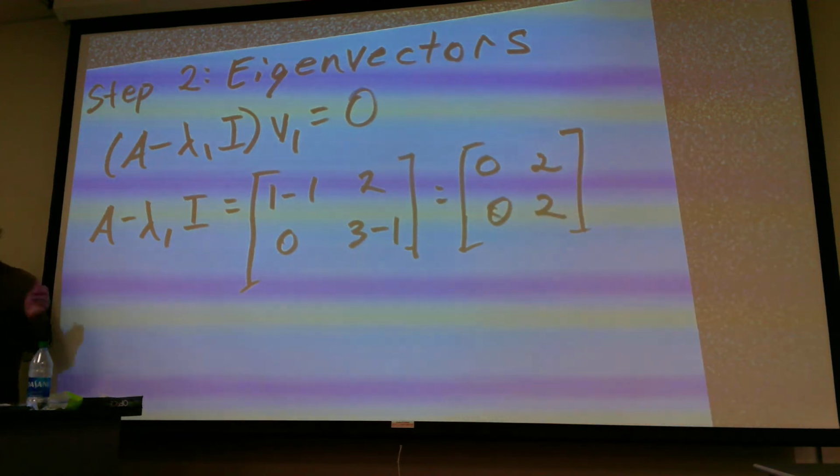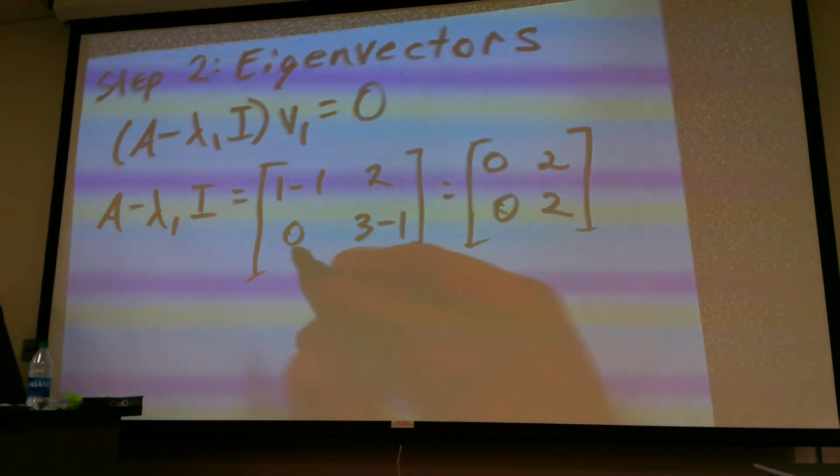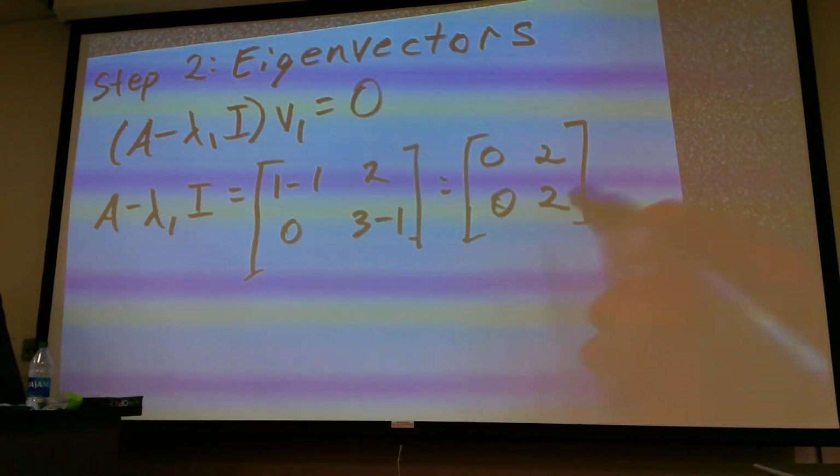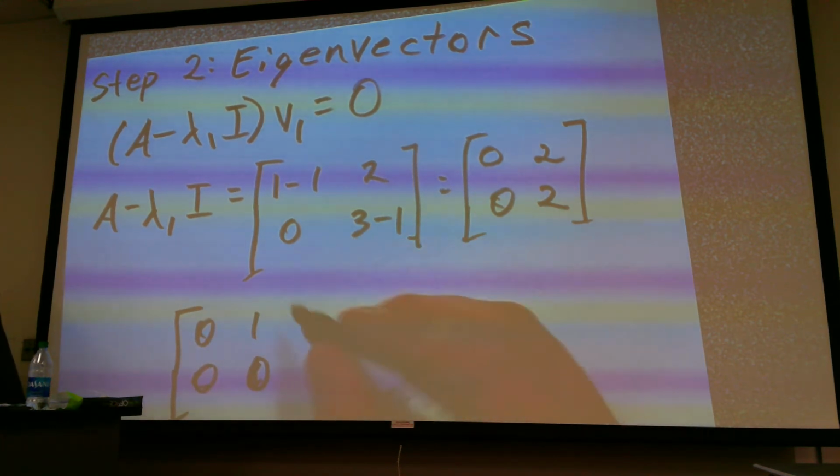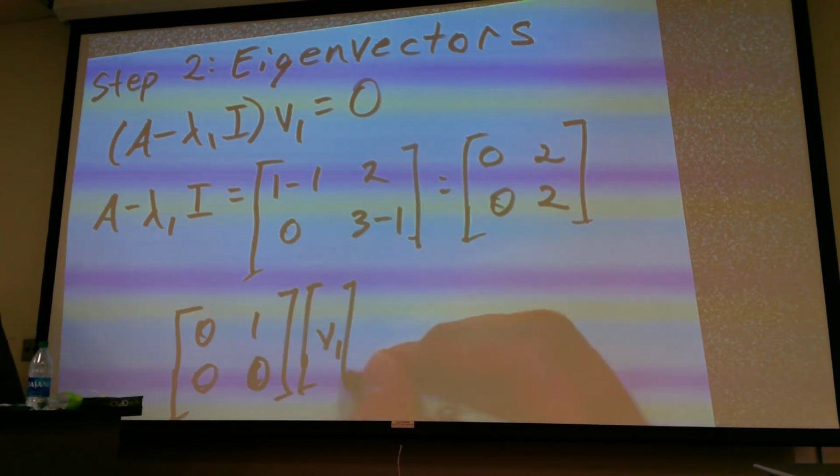Okay. So if I wanted to get this into reduced row echelon form, I can eliminate that 2 right there, and turn that 2 into a 1, 0. Now have this act upon V1 and say this has to equal 0.